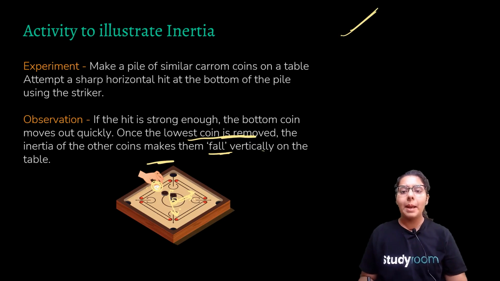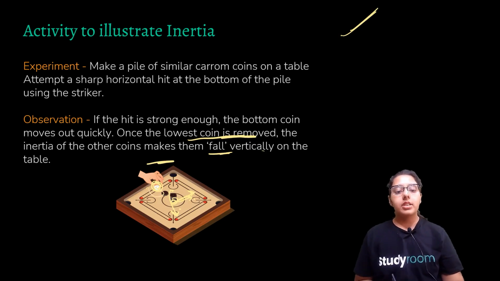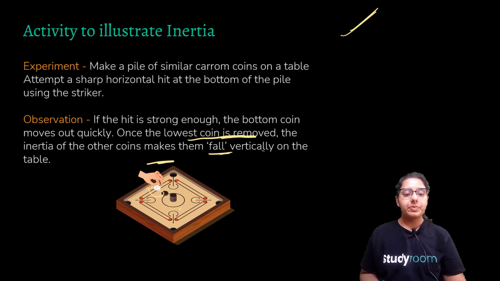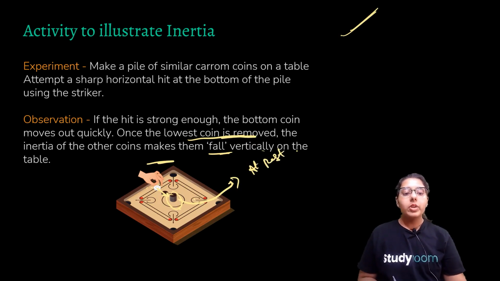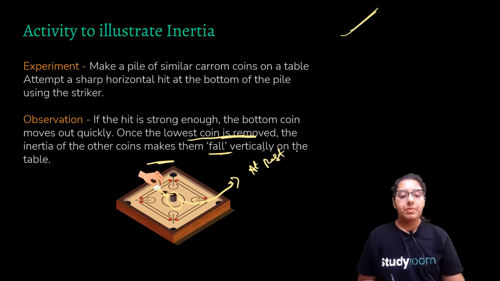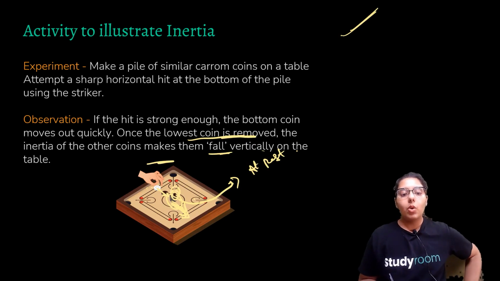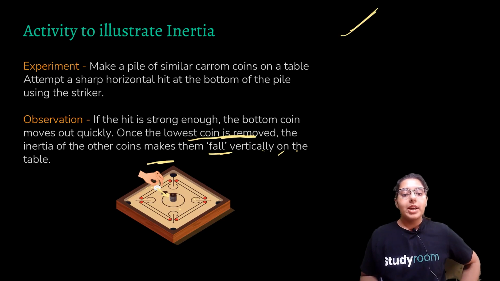Because what happens is that when you hit the coins with the striker, you gave the motion. They were initially at rest. So when you hit the coins with the striker, they are given a sudden motion, correct? So your downward coin gets into motion, but the coins which are placed upwards tend to remain at rest.